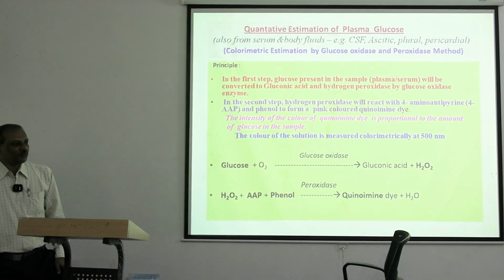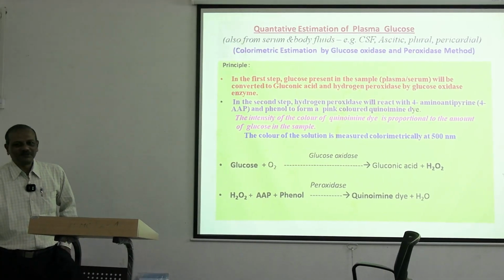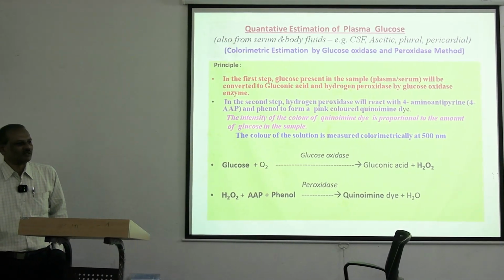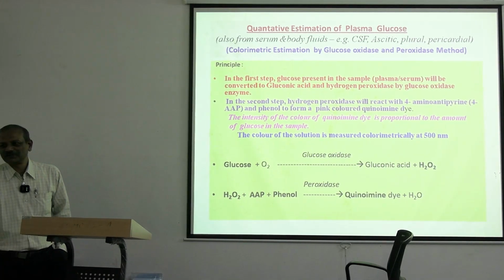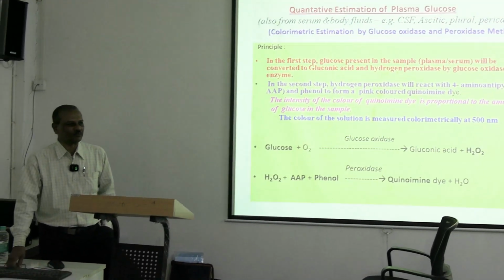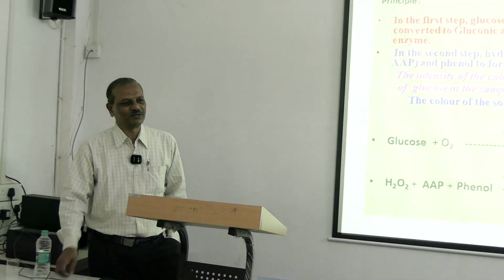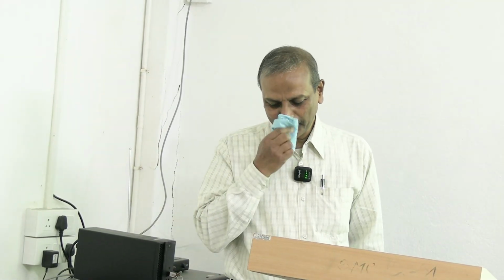Suppose you have been told about Benedict solution. You have been asked to use the hot alkaline medium, and everyone has the impression that without hot alkaline medium, the reaction cannot occur. You do an experiment. You take a glucose solution, put in the reagent, and take the test tube without heating to the hostel. You will see the change of color. I am in the habit of doing this experiment. Without heating, the reaction will definitely occur at a slower rate.